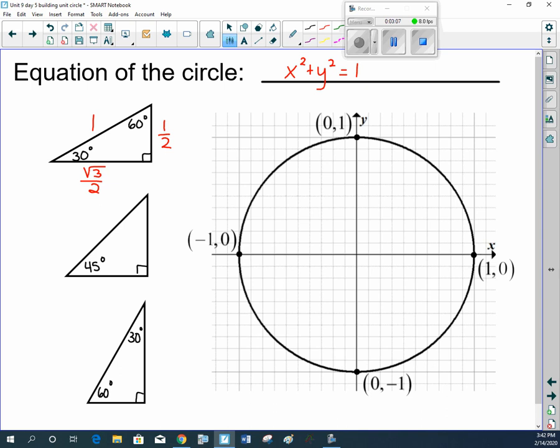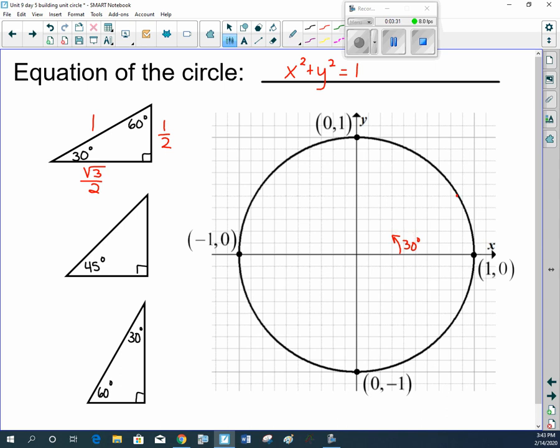So what I'm going to do is graph this particular triangle that we just put the labels on over here in the unit circle. I would get my protractor out and measure 30 degrees. Then I'm going to draw a line to where I think that point is.